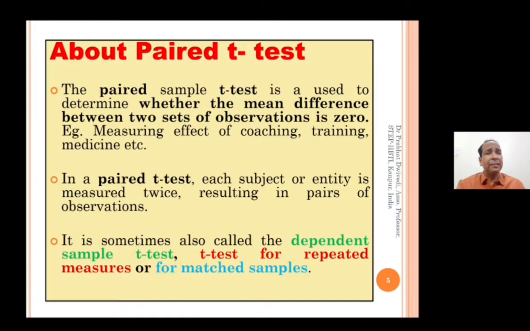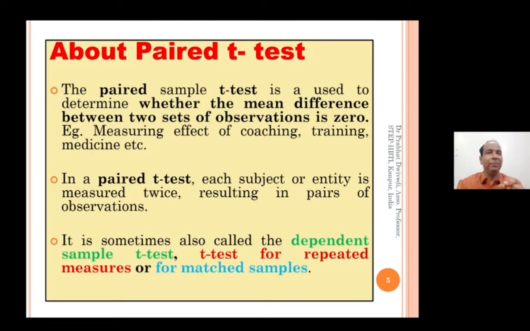In the paired t-test, each subject or entity is measured twice. That's how we can compare those 2 values, resulting in pairs of observations. That means if there are students, the same students are measured twice. Say Ravi, his performance before coaching and his performance after coaching. A student, for example Reena, her performance before coaching, her performance after coaching.